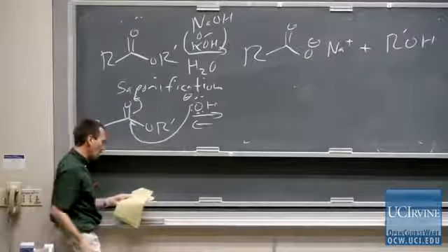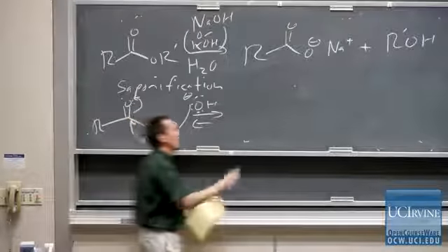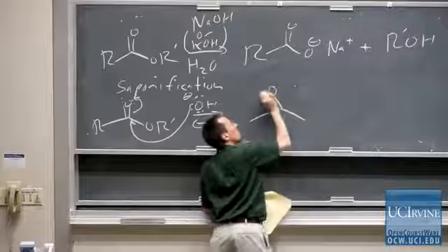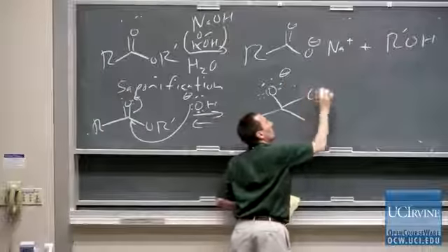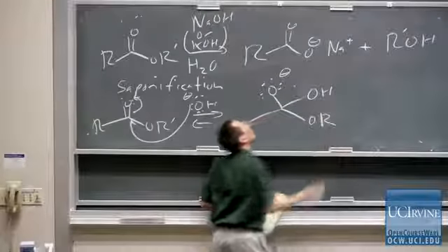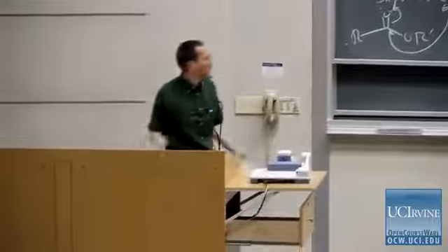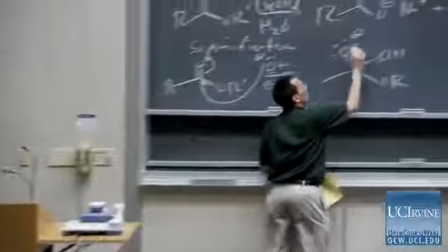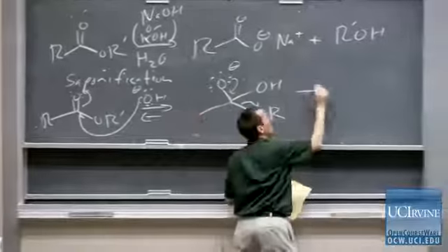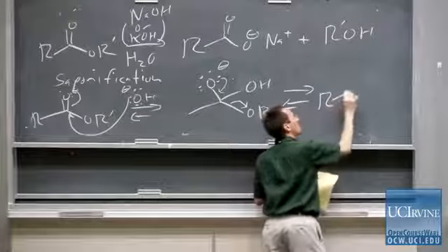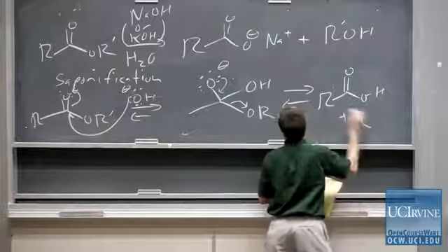It attacks our carbonyl. I'll give you a little bit of an abbreviated mechanism here, only showing relevant lone pairs. We get our tetrahedral intermediate. Our tetrahedral intermediate is going to break down. It kicks out the OR group. And again, I'm just skipping a few lone pairs here. This gives rise to the carboxylic acid plus the alkoxide.